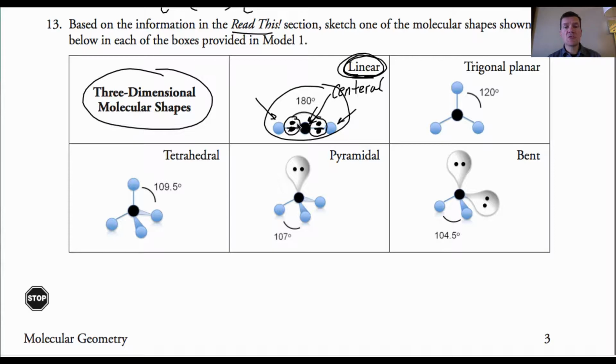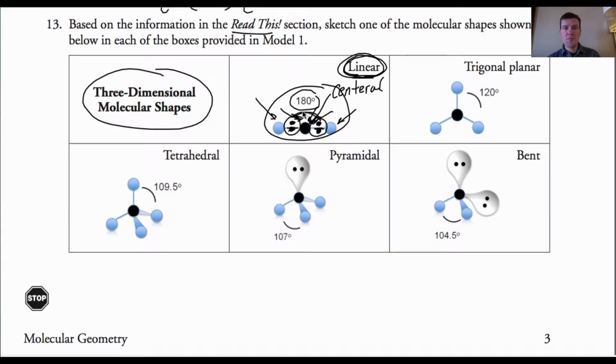If there are only 2 domains, those 2 domains are going to try to get away from each other while still being held to the central atom. Well, if they're trying to get away from each other while still being connected to the central atom, the most logical arrangement is that they go on either side of the central atom and form an angle between them of 180 degrees.